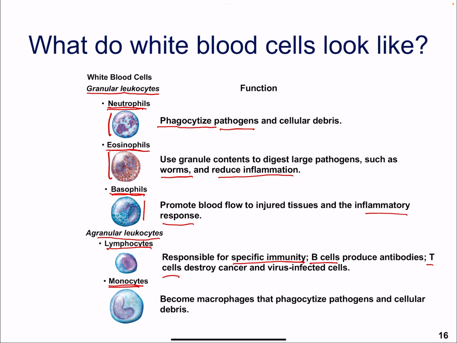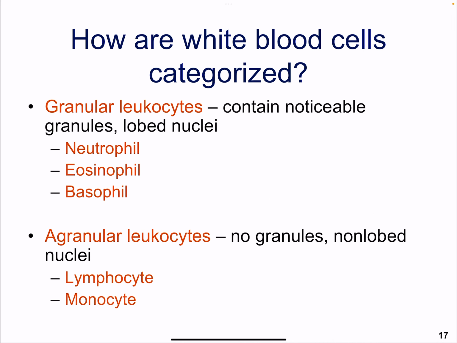Finally, the monocytes. The monocytes are going to differentiate into macrophages, and there are different kinds of macrophages, right? But let me just say that the macrophages' job is to engulf pathogens, to destroy them, and protect you that way.